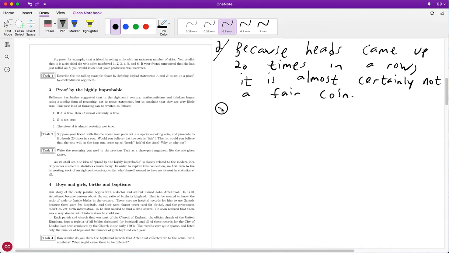And then the third task here is to write the reasoning as a 3-part argument. So kind of like this part right here.